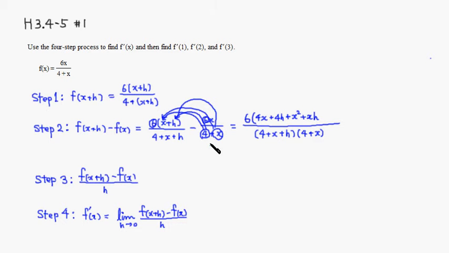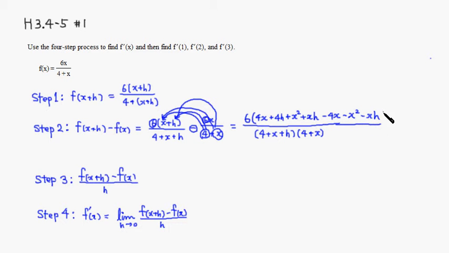Then for the second term, since we multiply 4 plus x by quantity 4 plus x plus h, we have to multiply the numerator by the same thing. And don't forget this negative sign here. 6 is already factored out, so it's negative x times 4 is negative 4x, negative x times x is negative x squared, negative x times h is negative xh.